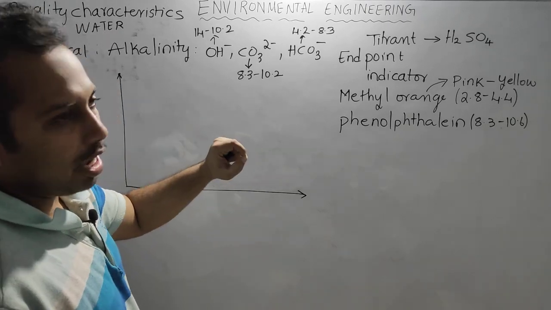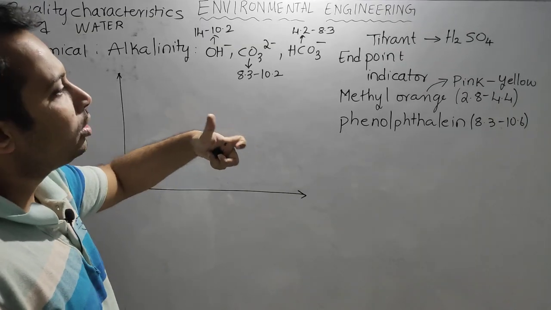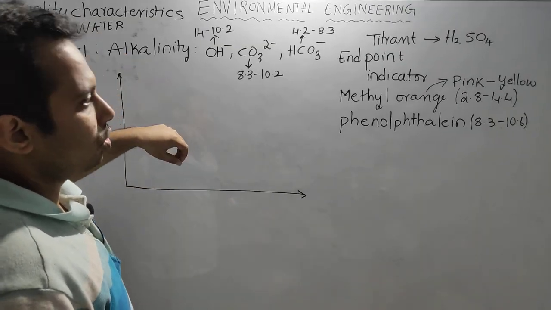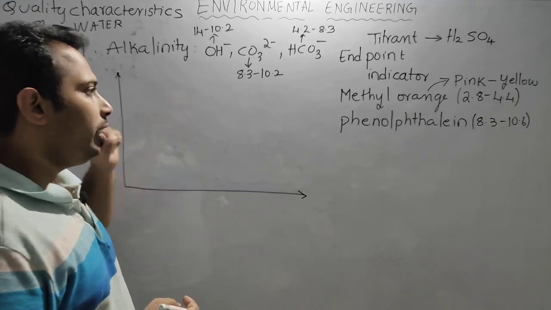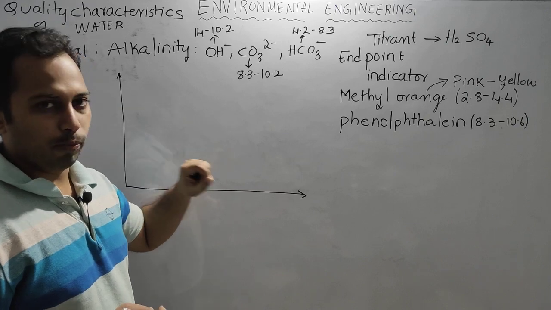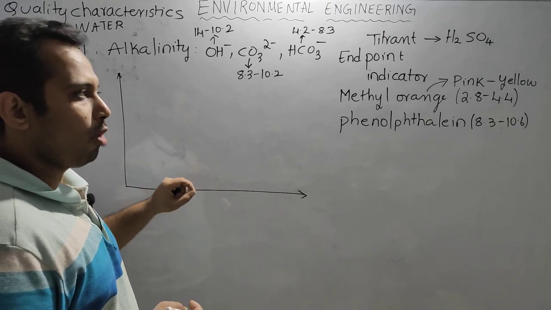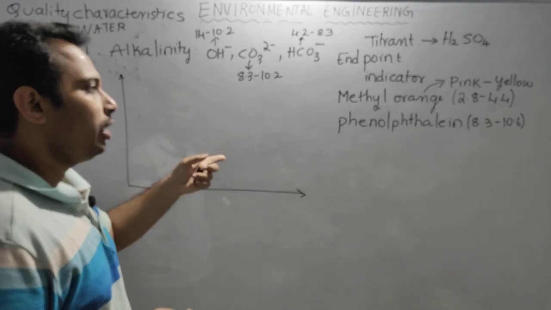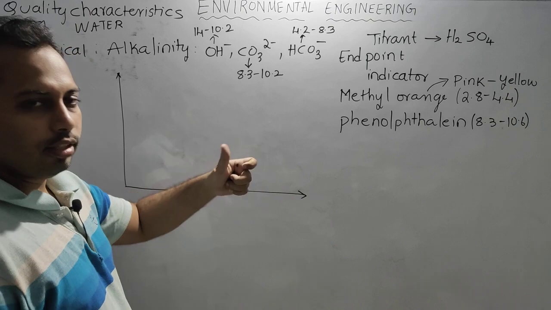Until that time the methyl orange will be in orange or pink or red color. Suddenly when pH reaches 4.4, it turns into yellow. That indicates the pH has reached 4.4, and it continues to be yellow up to 2.8. Once it goes beyond 2.8, it again turns into pink.